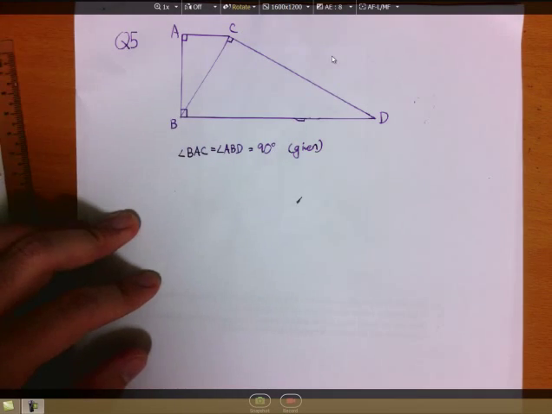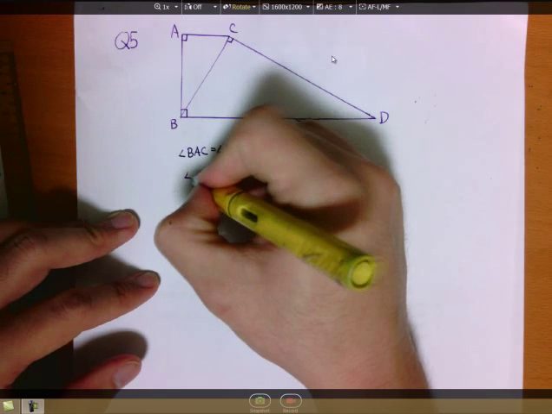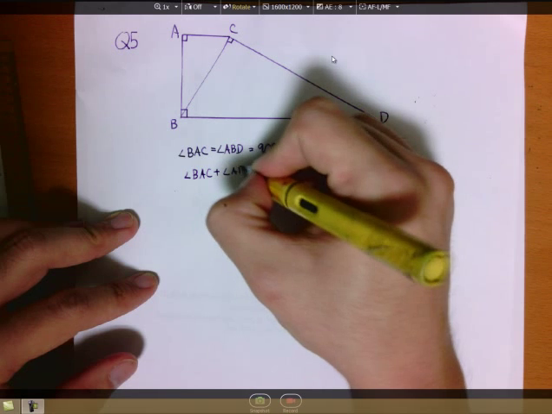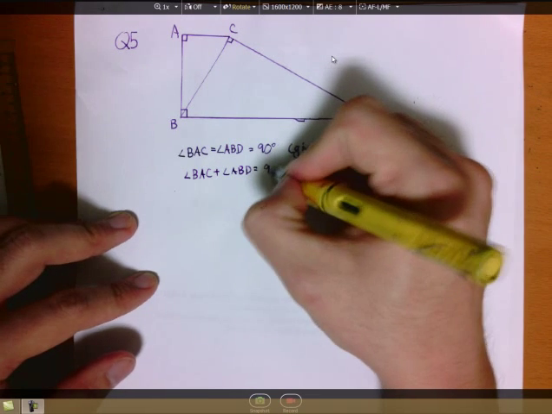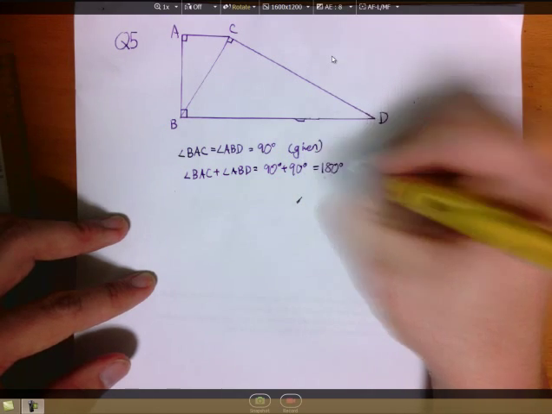Next thing that I know is this. Since these two are 90 degrees, I'll say that angle BAC plus angle ABD equals 90 plus 90 degrees, which is equal to 180 degrees.